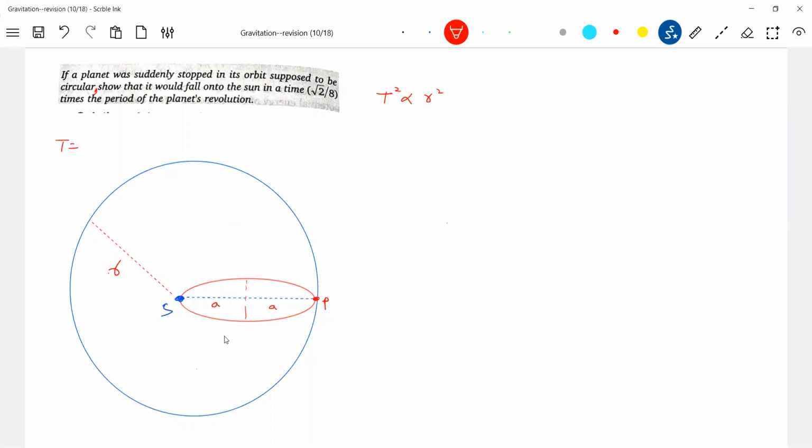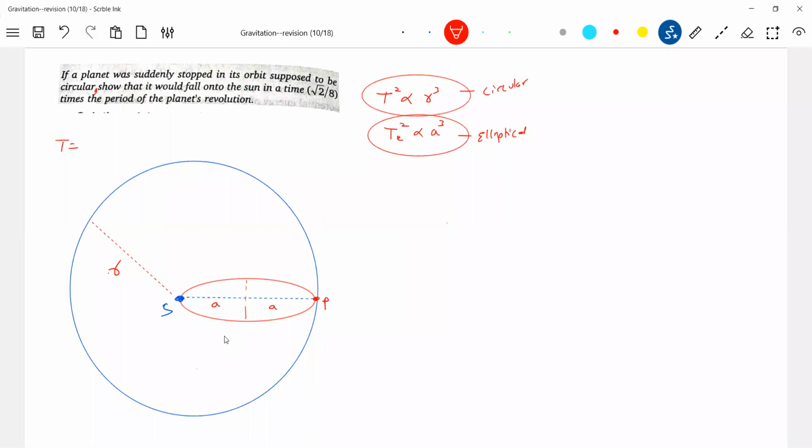Now in an elliptical orbit, T square should be proportional to the cube of the semi-major axis. This is for elliptical, and this is for circular.